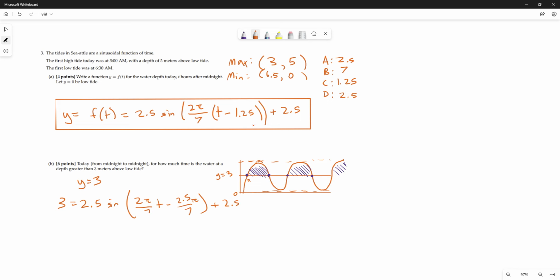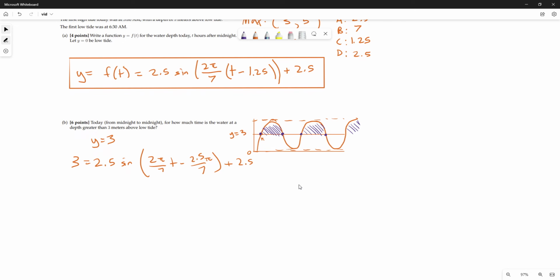I'm going to subtract 2.5 from both sides, which makes 0.5 here. And then I'm going to divide by this 2.5 here. Now, to get rid of this sine on this side, we need to do an inverse sine to the other side, or to both sides.